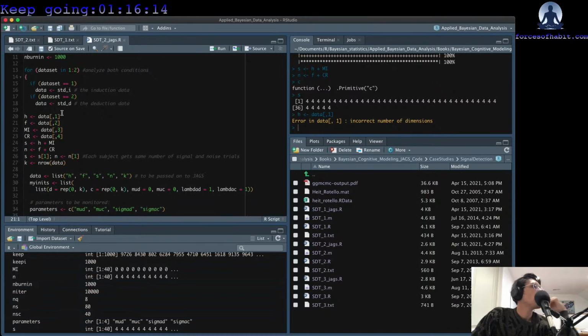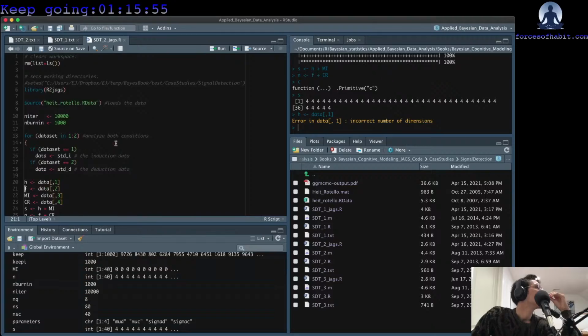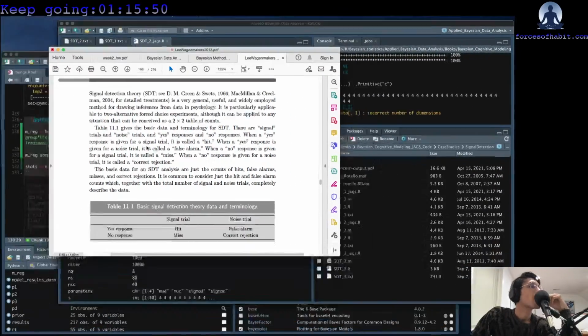So if data set is 1, then we're going to get h, which is all the rows in column 1, all the rows in column 2, all the rows in column 3. So missing, hit, false, and what's the fourth one again? Some up here. Correct rejection.